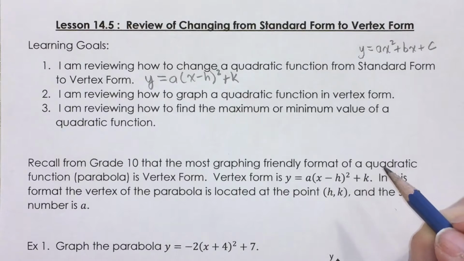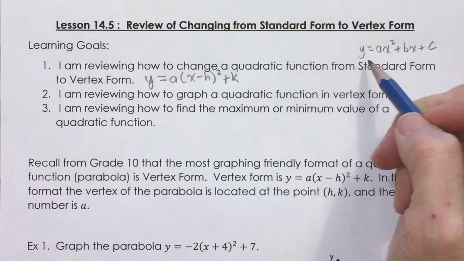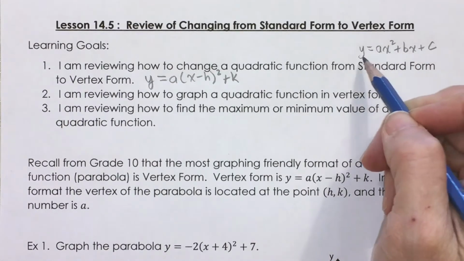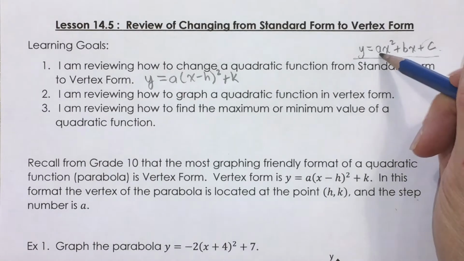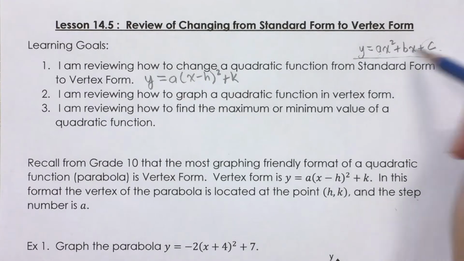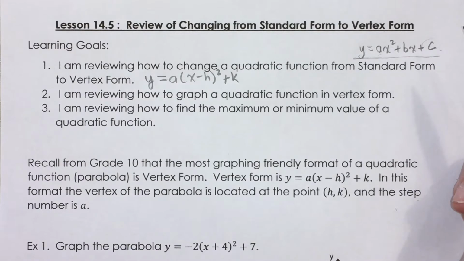And why would you want to do that? Because in the standard format, it's not a very graphing friendly format. You would know the y-intercept would be c, and you would know the step number, but that's not enough to draw the graph accurately and easily.